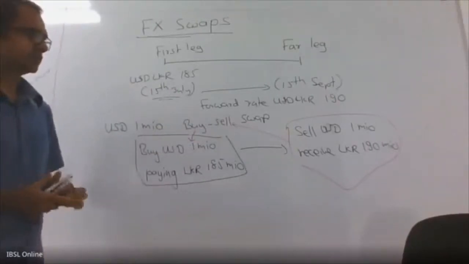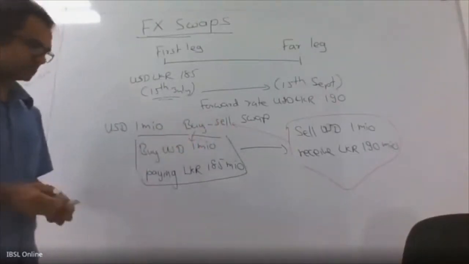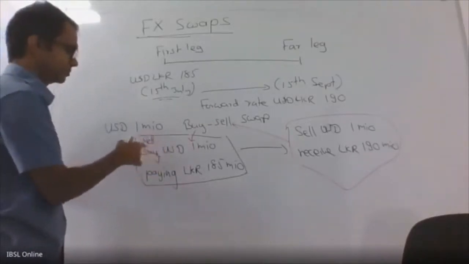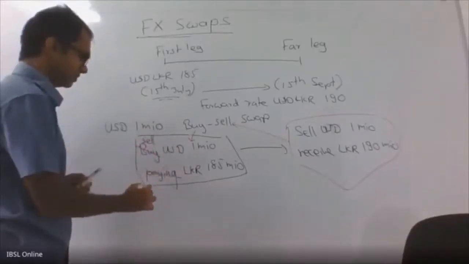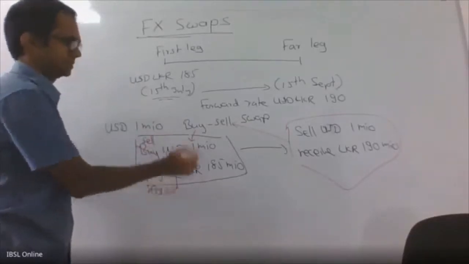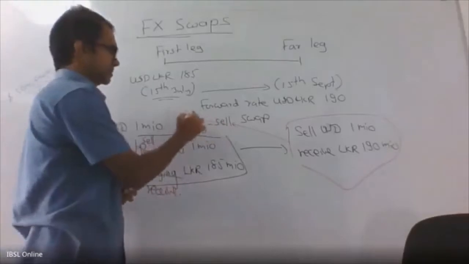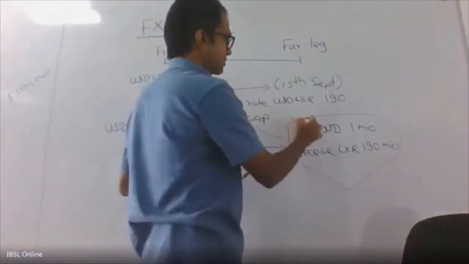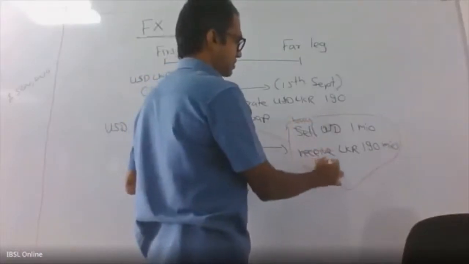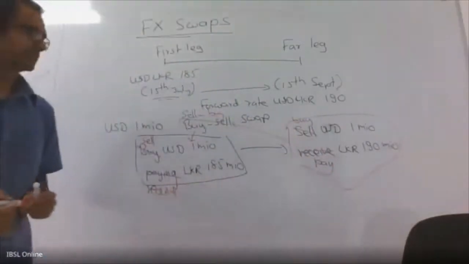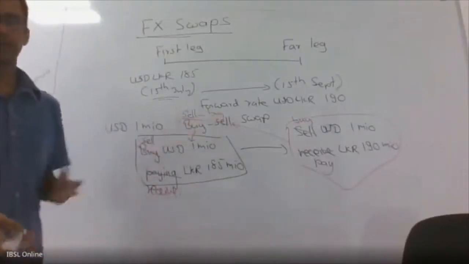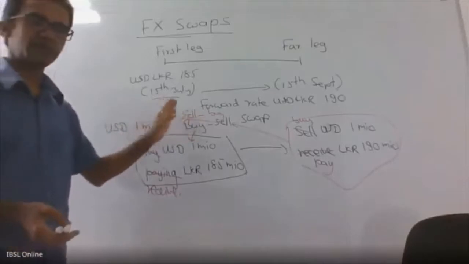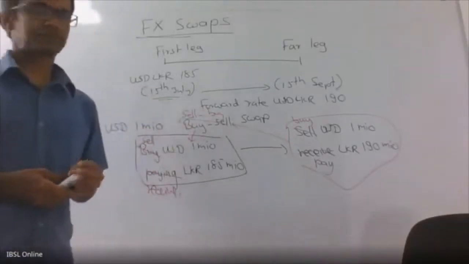The reverse is true for a sell-buy transaction. If it is a sell-buy, instead of buying here you sell, instead of paying you receive. Then here you buy and pay. Depending on your requirement, you can do a buy-sell transaction or a sell-buy transaction.